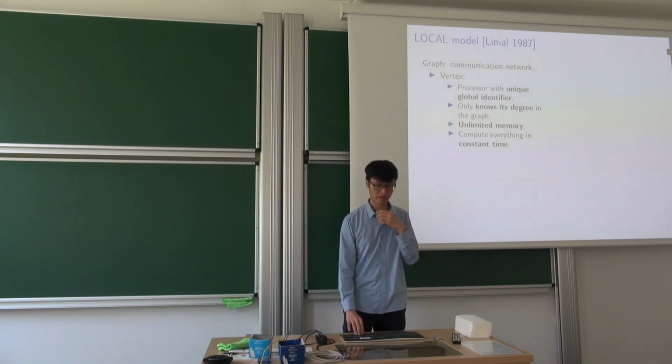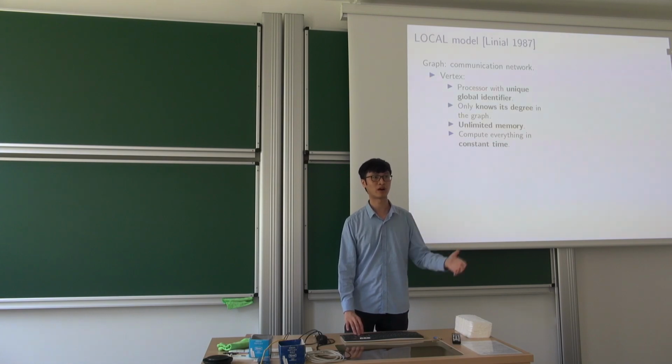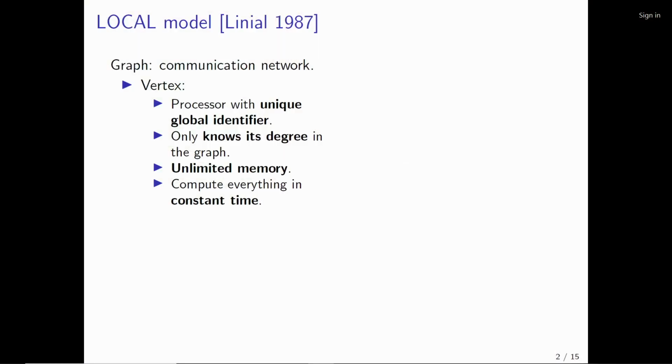Recall that we want unlimited memory and unlimited computational power, so we compute everything in constant time, meaning that an exponential time problem in this model doesn't mean anything. It's always constant time.